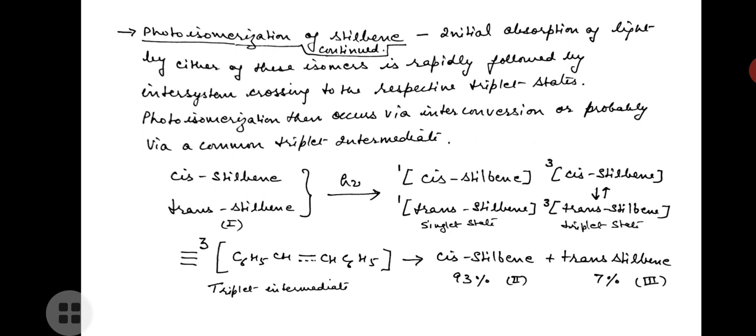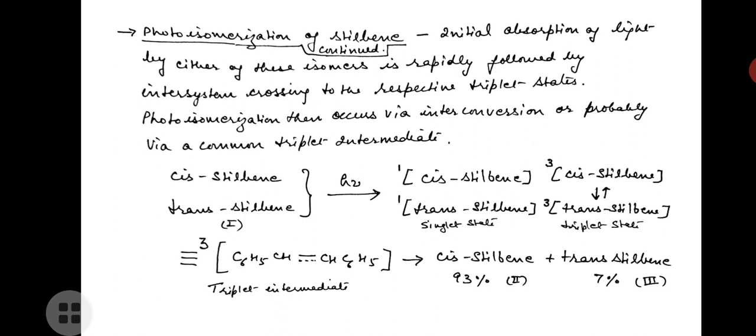Initial absorption of light by either of these isomers is rapidly followed by intersystem crossing to the respective triplet states. Photoisomerization then occurs via interconversion or probably via a common triplet intermediate. So cis-stilbene or trans-stilbene on absorption of light gets converted into singlet state of cis-stilbene or trans-stilbene.